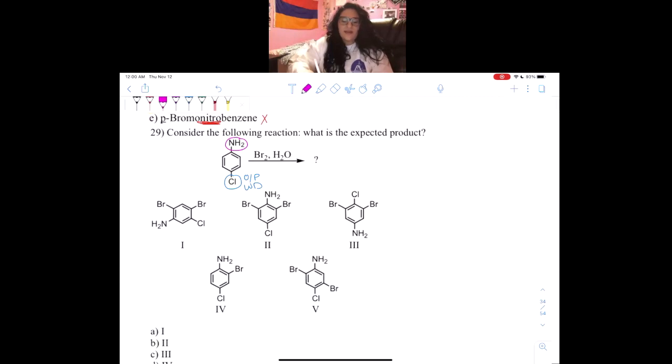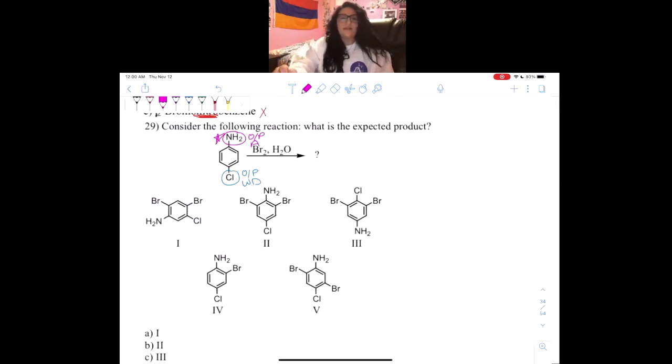We also know that NH2 is an ortho-para director, and it is an activator, and this is actually the strongest activator we will be using in this class. So we know that NH2 is going to be the director, and since it directs ortho-para, we're going to direct the bromination to the carbons that I have drawn an arrow to.